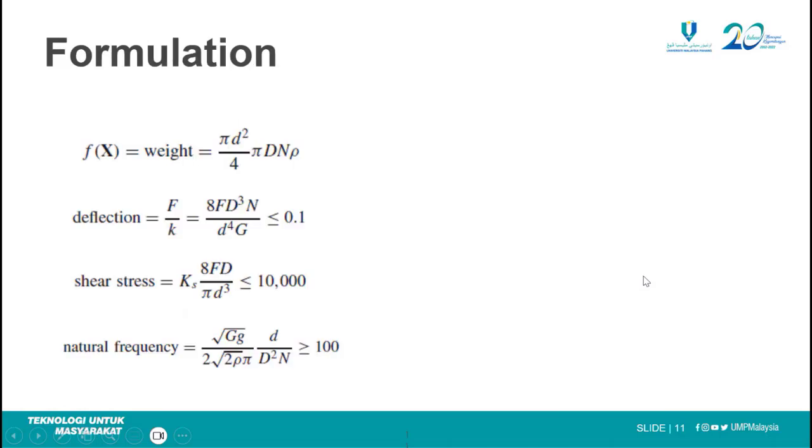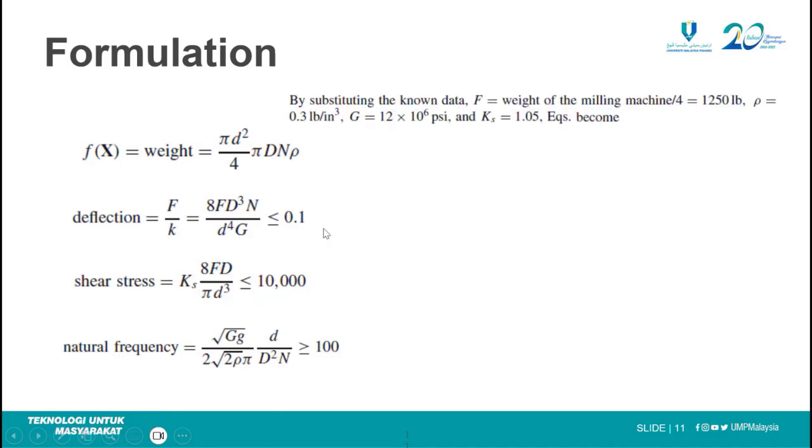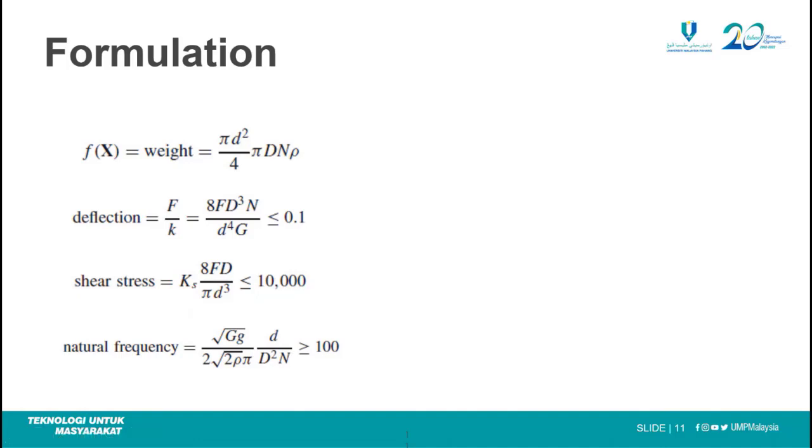Then when we formulate the problem for the weight, this is the formula for the weight, and deflection, the shear stress, natural frequency. So now the algorithm will try to find the combination of the parameters here, capital D, N, and small d, that come out with the minimum weight, but at the same time fulfilling these constraints.